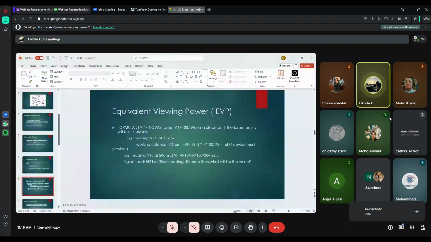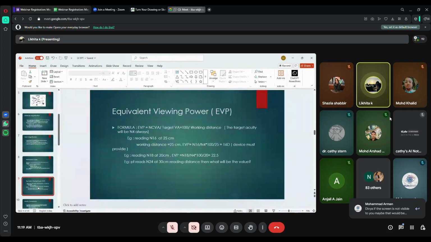Now going to equivalent viewing power, that's called EVP, which is widely used in calculating the near magnification. As I mentioned earlier, Kestenbaum's rule does not give us an accurate value all the time. While calculating with Kestenbaum's rule and the EVP method, you will always have a slight difference compared to the EVP value.